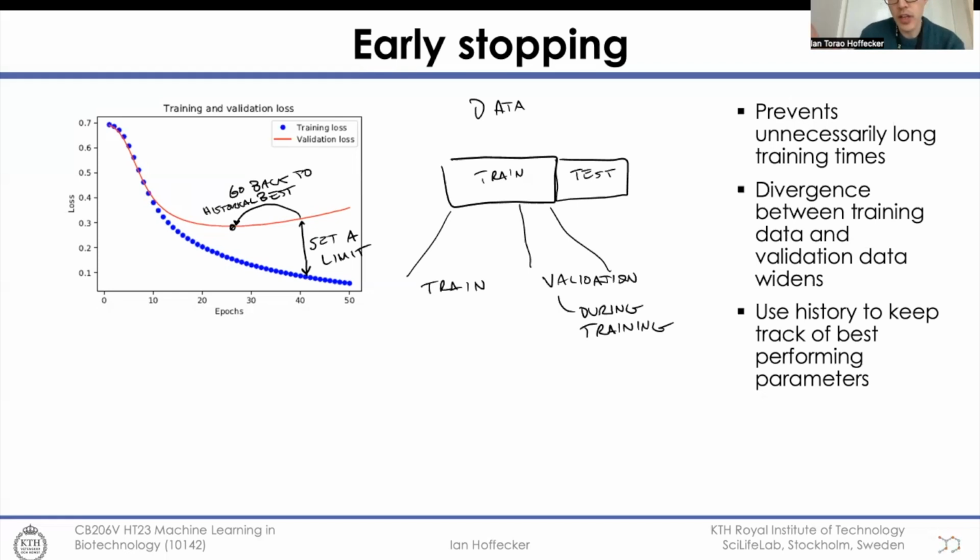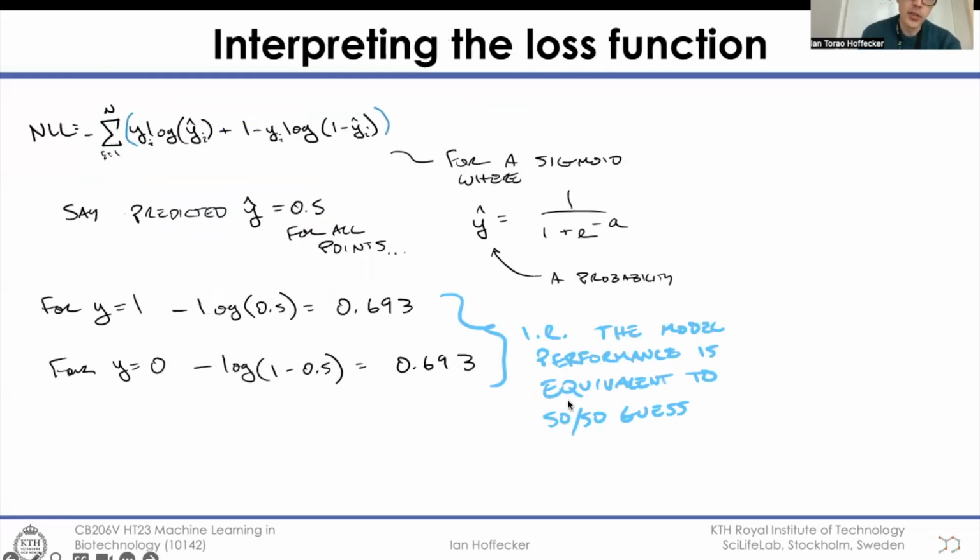Then we're going to halt the training altogether and revert back to the historical best value for the validation loss. So we will go back to this minimum here. And then that would be the set of parameters that we use for our model at the end, and not the final set that we settled upon in the training data, which would correspond to an overfit model. So that's a very simple solution.